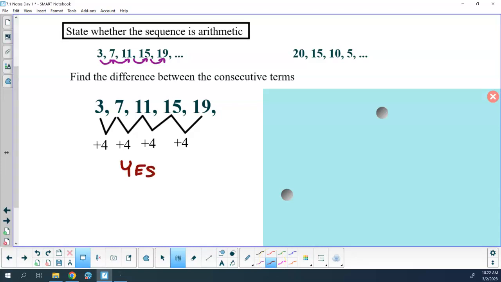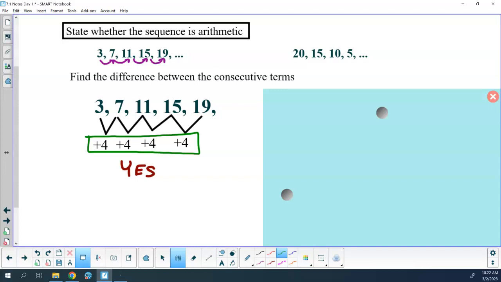Because this right here is the same. If any of those differ, it is not. The 3 dots after the 19 state that this pattern would continue.